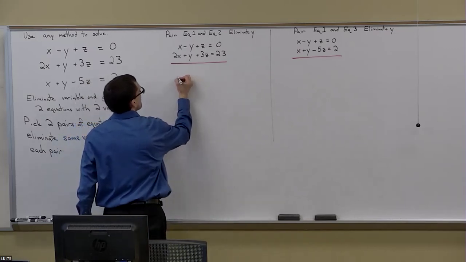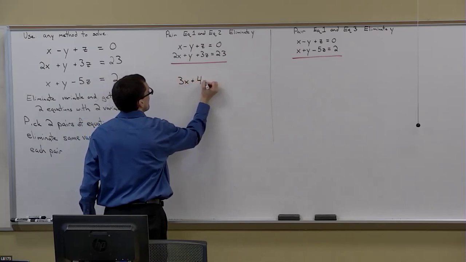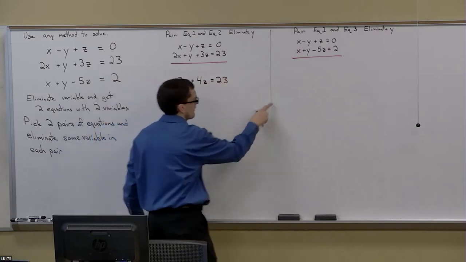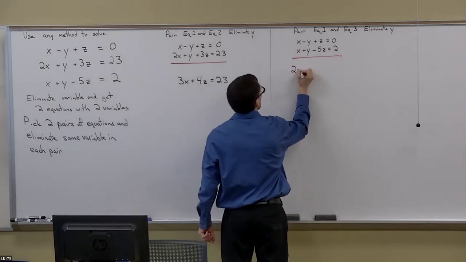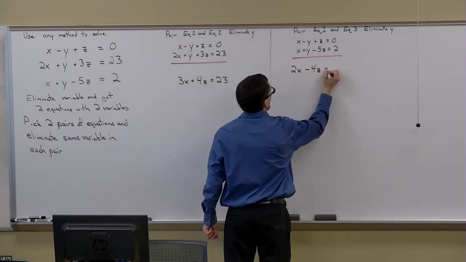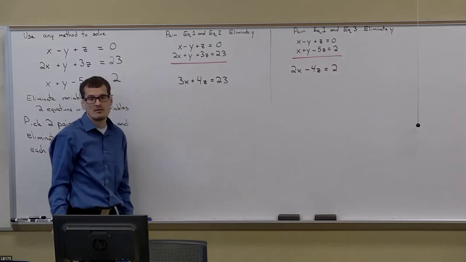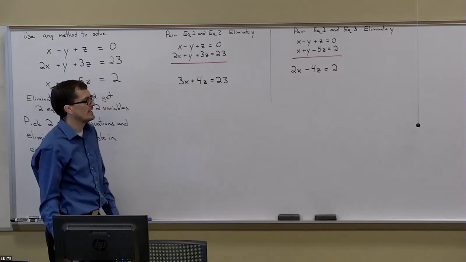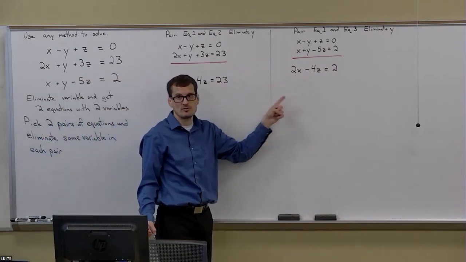This one will give me 3x plus 4z equals 23. And this one will give me 2x minus 4z is equal to 2. And now I have two equations in two variables.